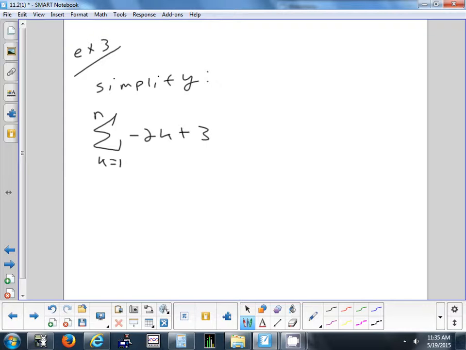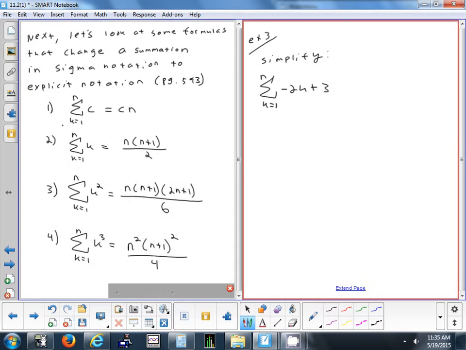So in this one, the idea we want to do is we want to break this apart until we get things that look like one of these four rules. Now, I don't see anything cubed, I don't see anything squared. So I'm not going to have to worry about those rules. But I see a constant, and I see a k. Degree 1.